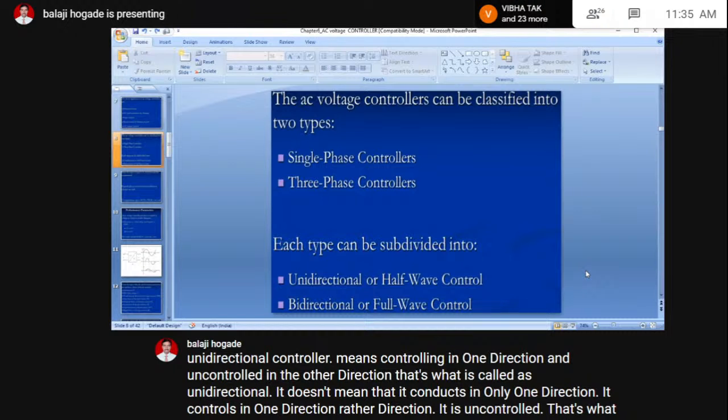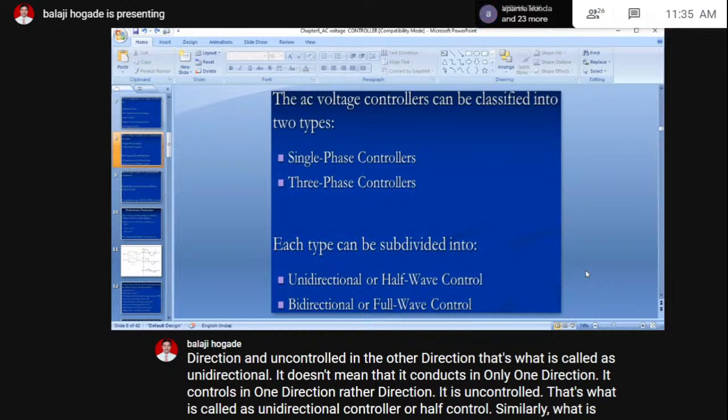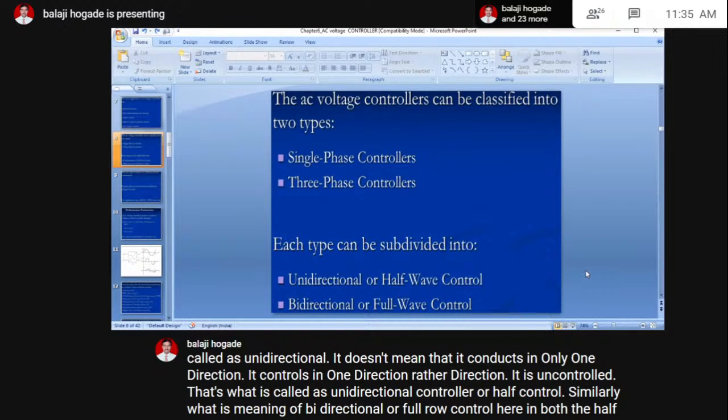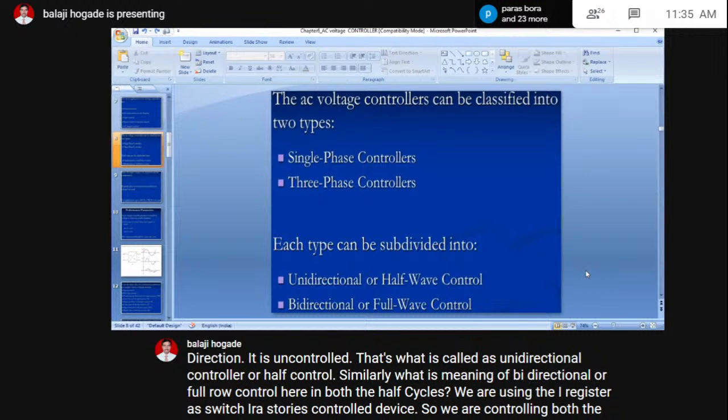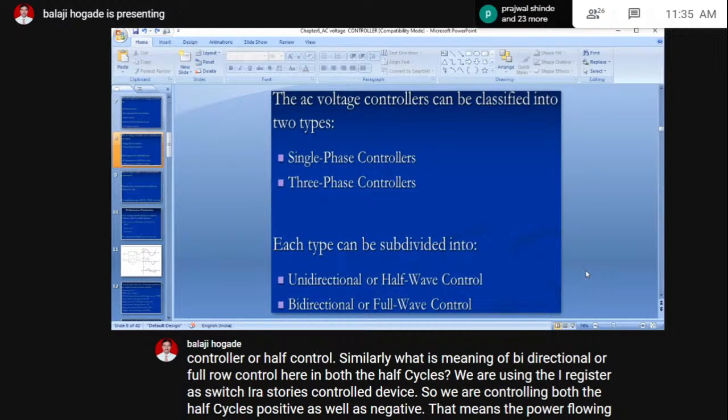Similarly, what is the meaning of bidirectional or full wave control? Here in both the half cycles we are using the thyristor as a switch. Thyristor is a controlled device. So we are controlling both the half cycles, positive as well as negative. That means the power flowing in both directions is controlled.